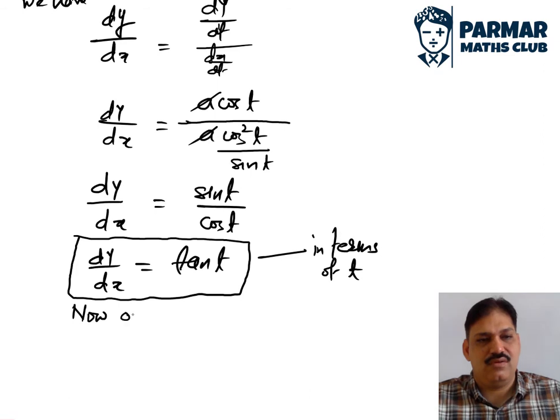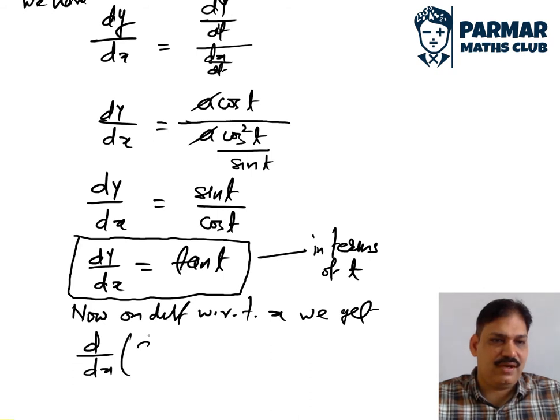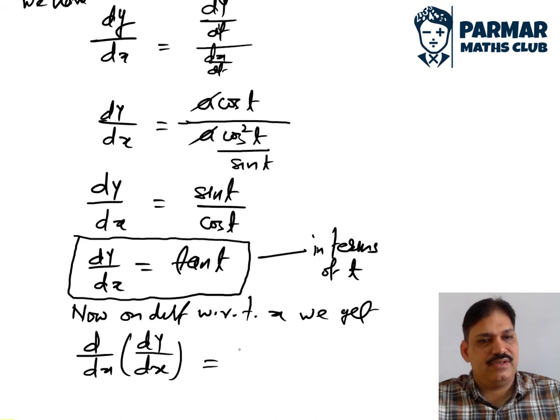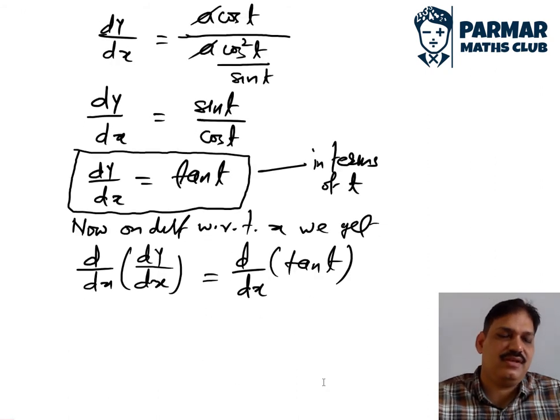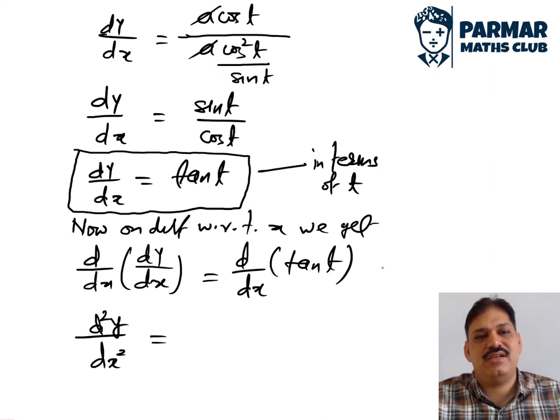See, now on differentiating with respect to x we get derivative of dy by dx with respect to x, differentiating both the sides with respect to x, this is what we get. Now the left hand side is simply second order derivative of y with respect to x, that is d2y by dx square, what we need. In the left hand side we will apply chain rule.